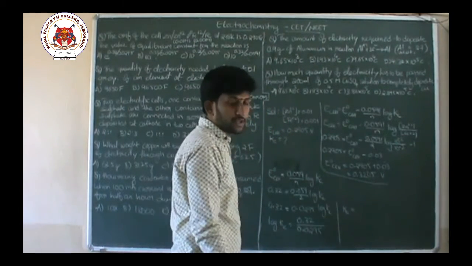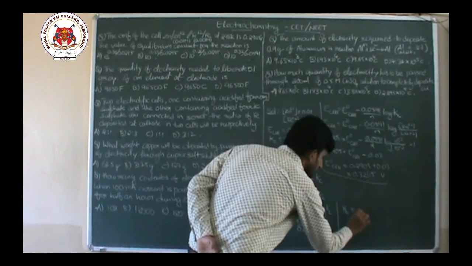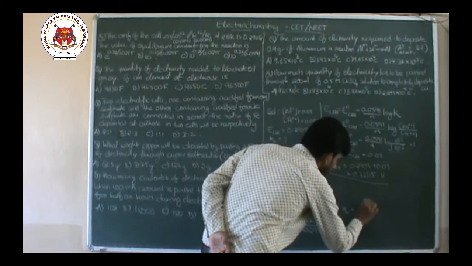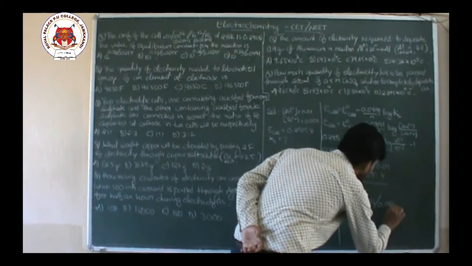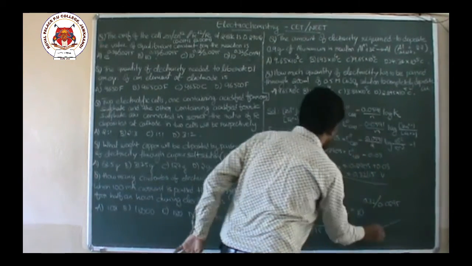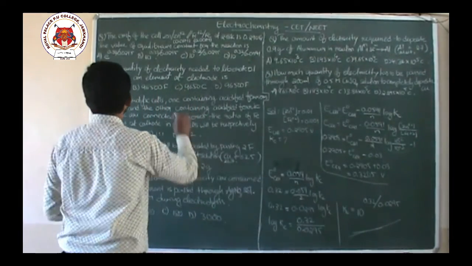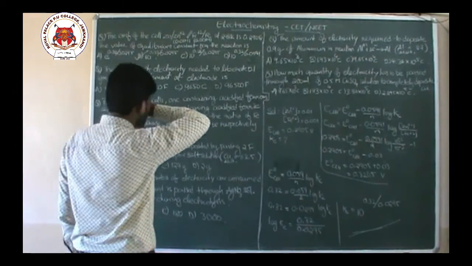What is the antilog of any number? I said, 10 power that number. So the Kc value should be equal to 10 raised to 0.32 divided by 0.0295. That is the Kc value. Okay. So the answer is B. Answer B. Okay. Next.